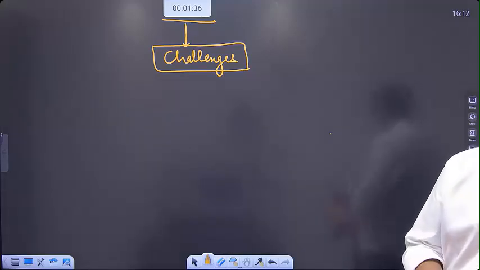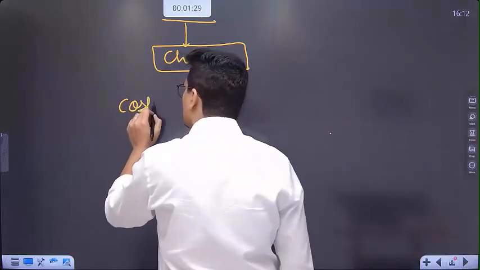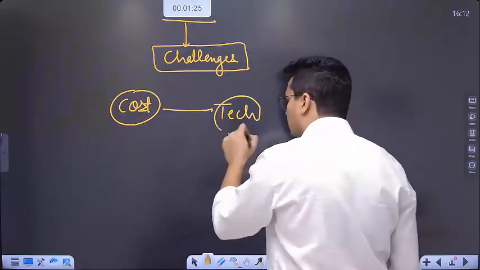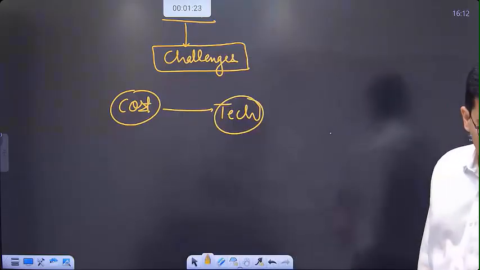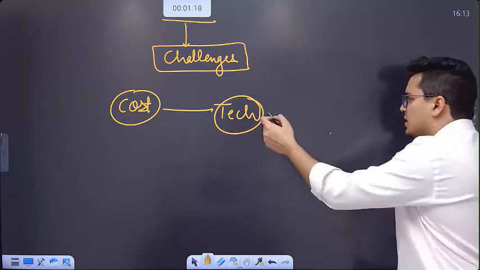Good. There is a fund challenge, a technology challenge. So there is a cost challenge. There is a technology challenge. What else? There is a regulation challenge.